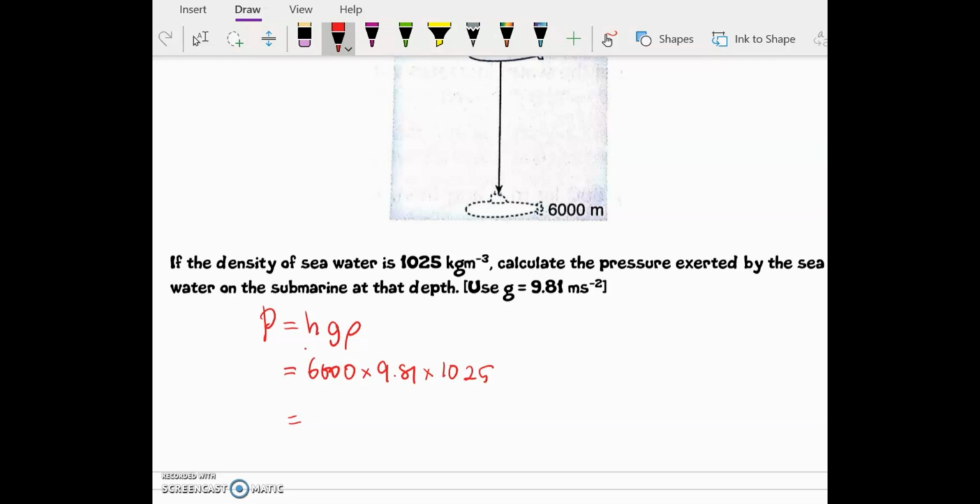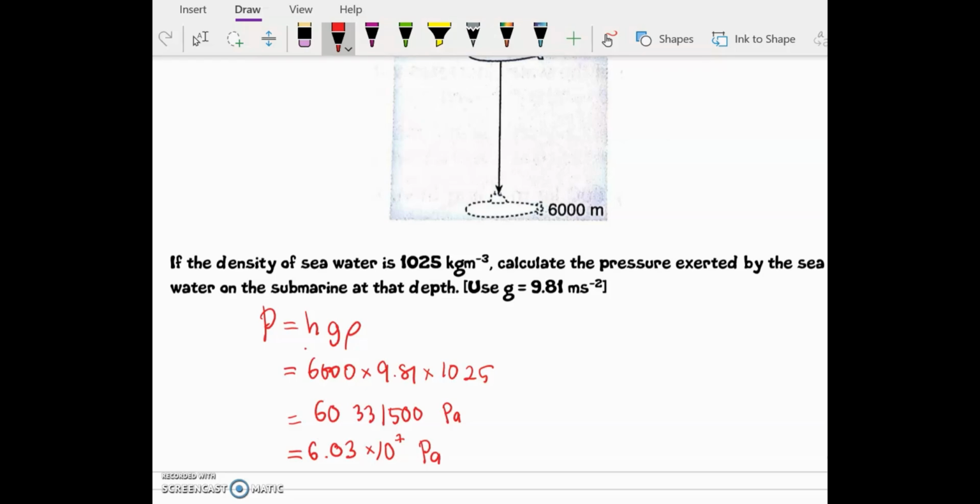So you will get 60,331,500 Pascal. This is not a very nice form, so you have to convert it to standard form, which is 6.03 times 10 to the power of 7 Pascal.